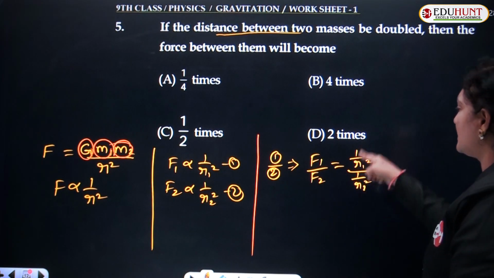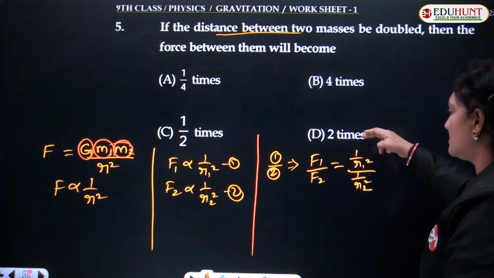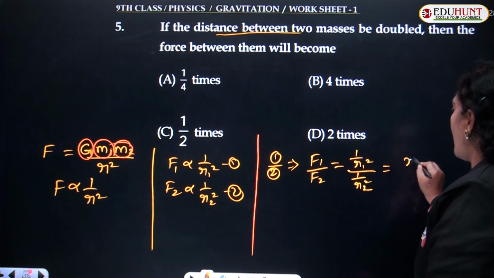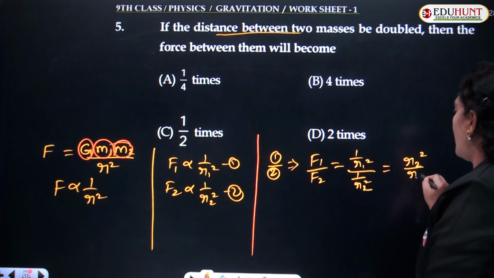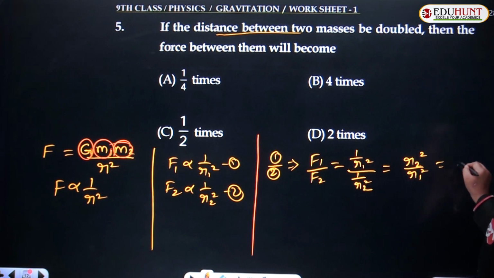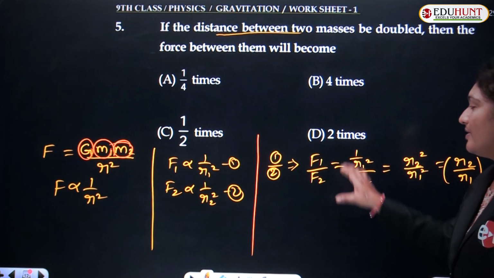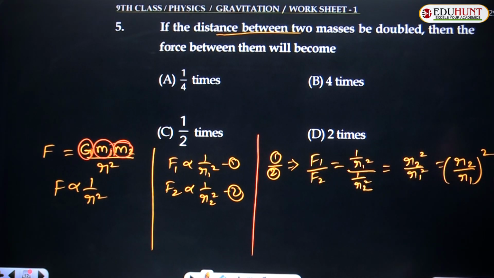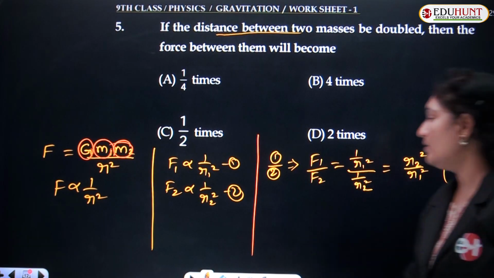After simplification, this becomes R2 square upon R1 square, or it can also be written as R2 by R1 whole square. So very clearly we have F1 by F2 equals R2 by R1 whole square.